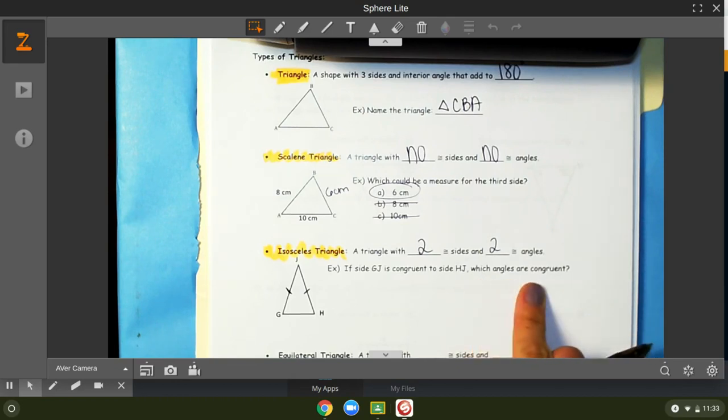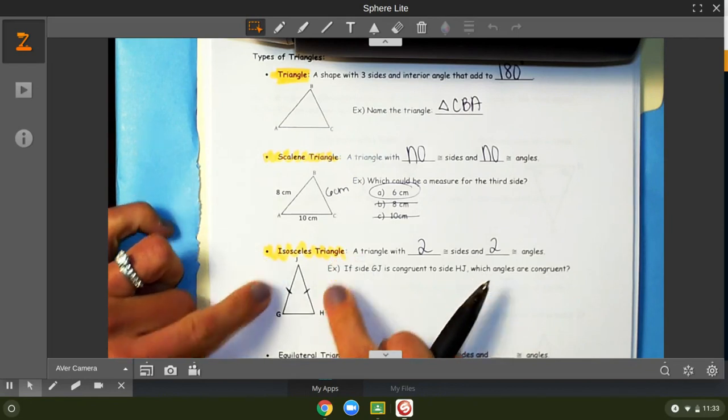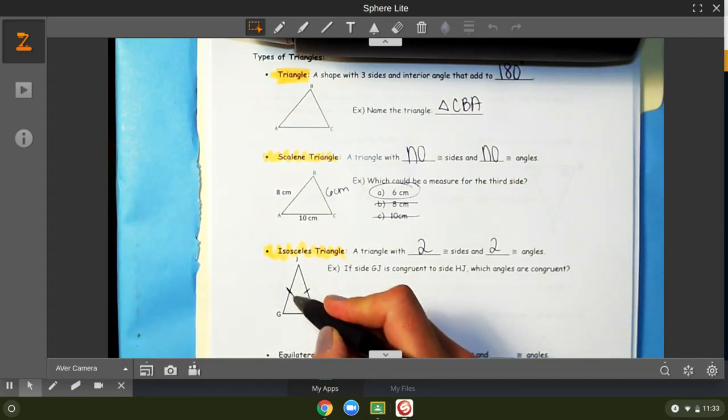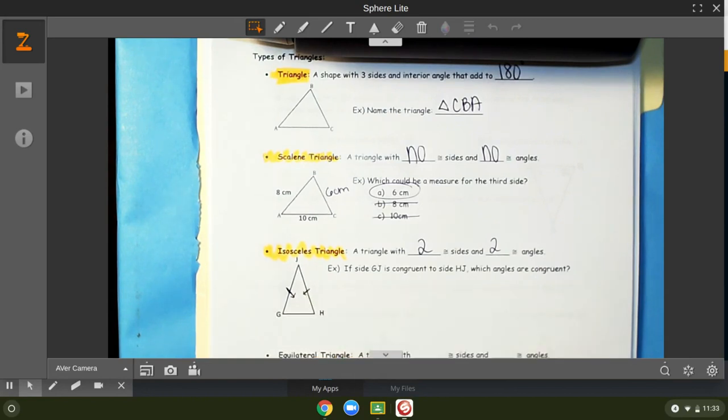So which angles are going to be congruent? Well, if you have 2 equal sides, it's isosceles: 2 equal sides, 2 equal angles. The 2 equal sides are always going to point to your equal angles. So here the 2 equal angles are going to be G and H. They're always across or opposite the equal sides.